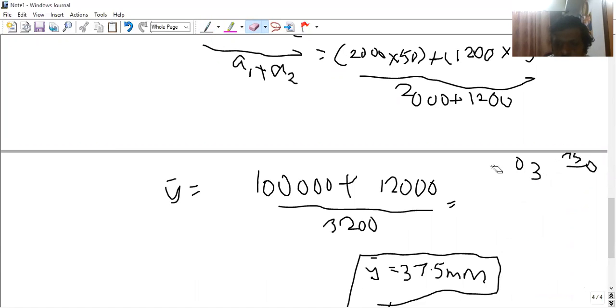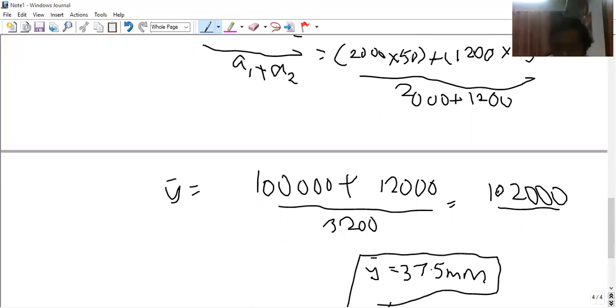So better to use the calculator. So 1 1 2 0 0 0 upon 3 2 0 0.